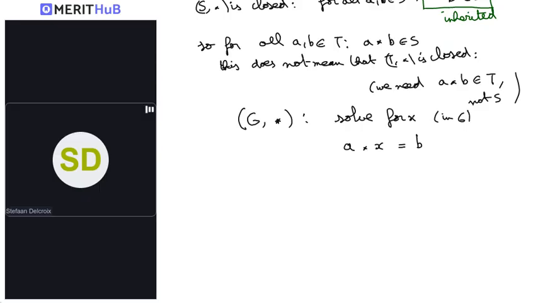A and B are in G, and we're hoping to find an X in G such that A star X is B. How would you solve this for X? Think about what you would do for numbers and then see if you can make sense of it.